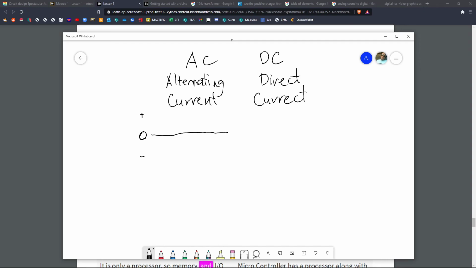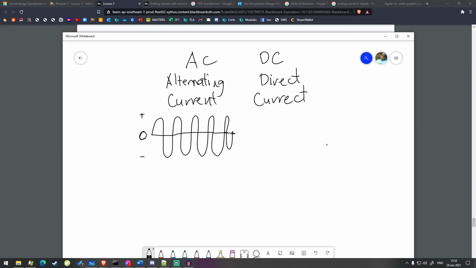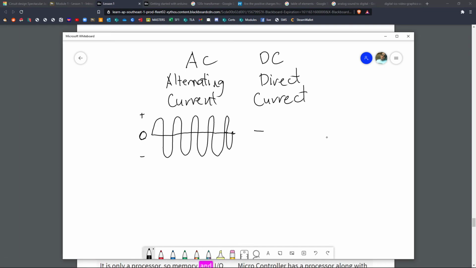Alternating current alternates like this. Ganyan ang alternating current. Meanwhile, direct current is just this. Yan, direct current yan. So, you can clearly see the difference, right?